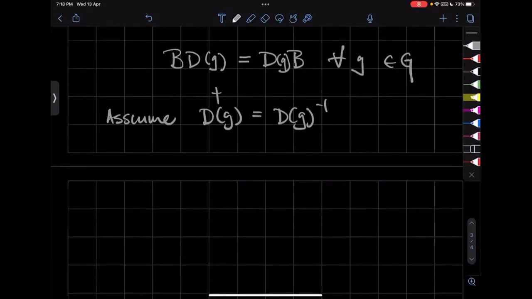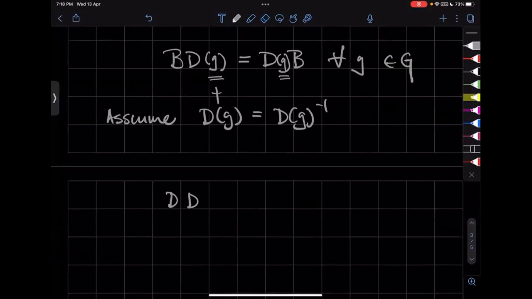Now I'm not going to specify the G dependence explicitly. Now let's multiply both sides by D. So let's start again.